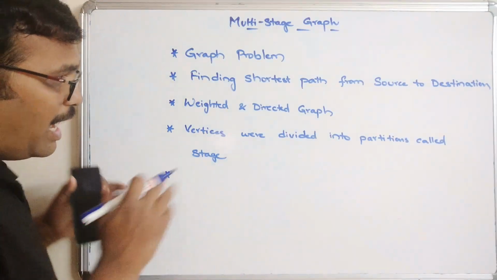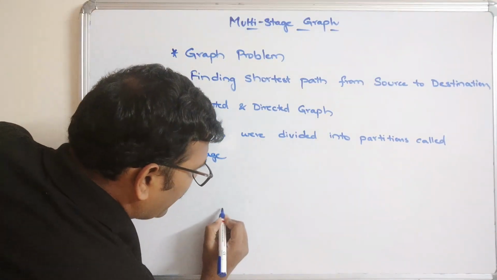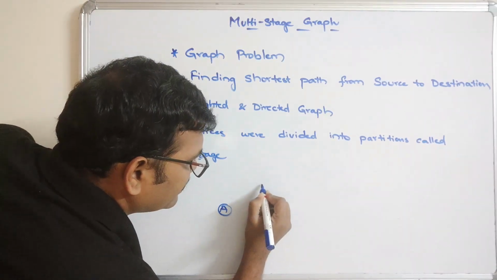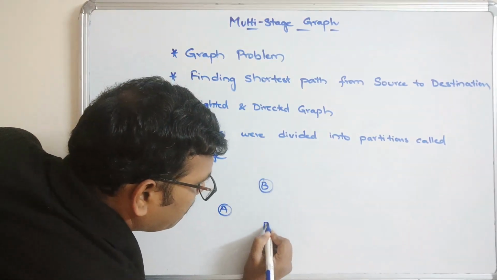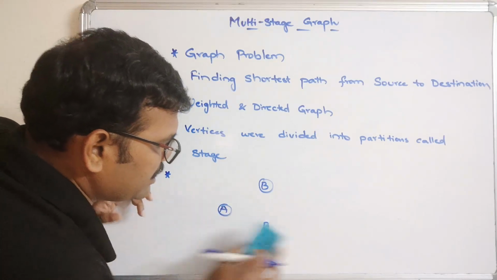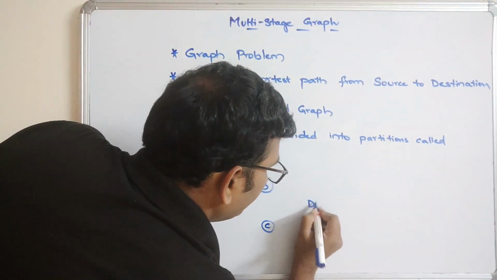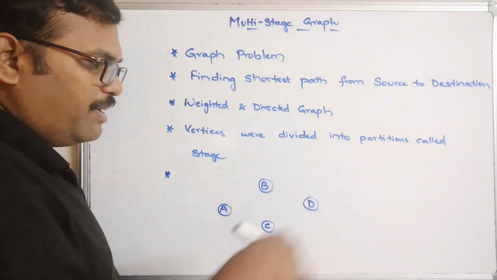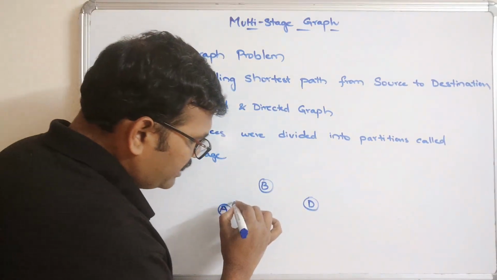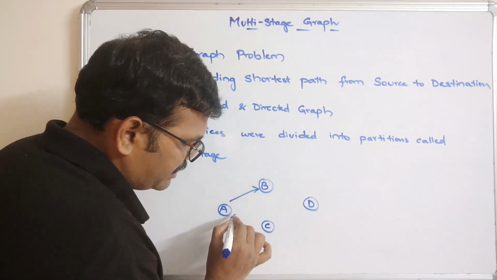I'll show you an example so that you can understand. Let us take A, B, C, D. Okay, so these are our different vertices, and there are edges like this.